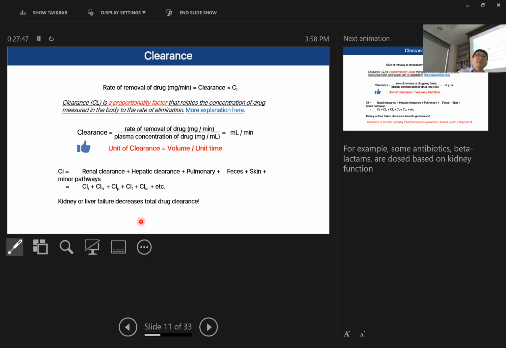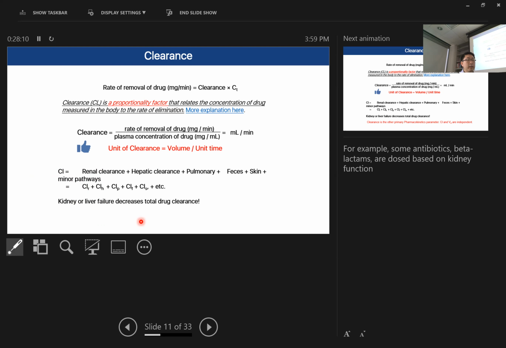If you give the same amount of dose, the drug will stay longer in that person. That's why for people with this kind of dysfunction, you want to be very careful about the dosing and adjust the dose.